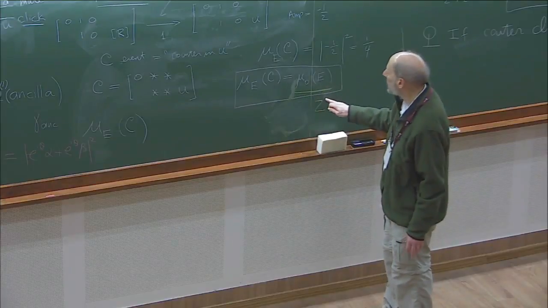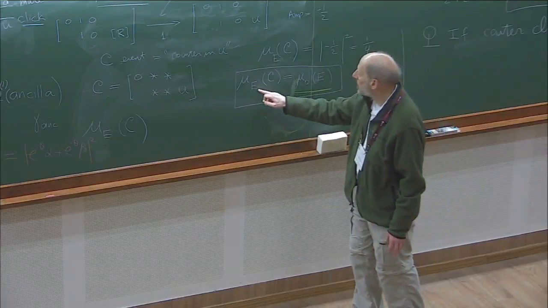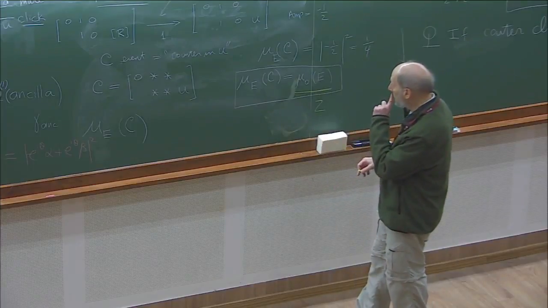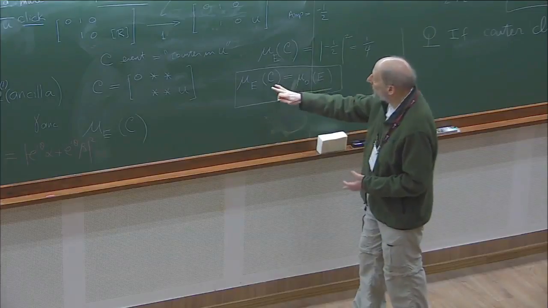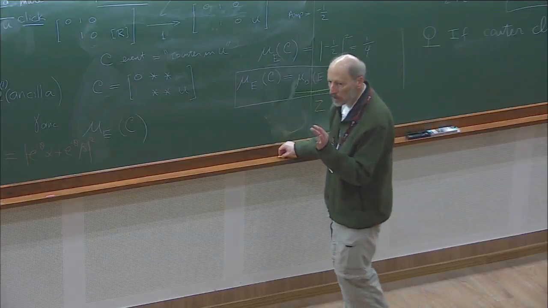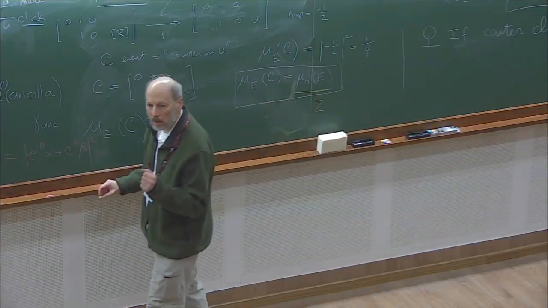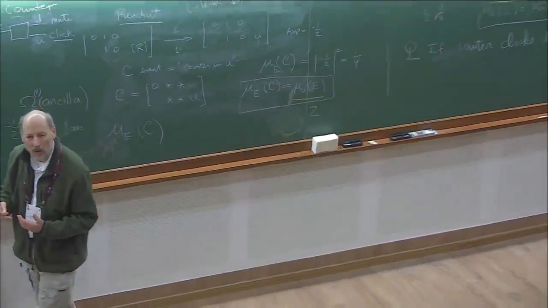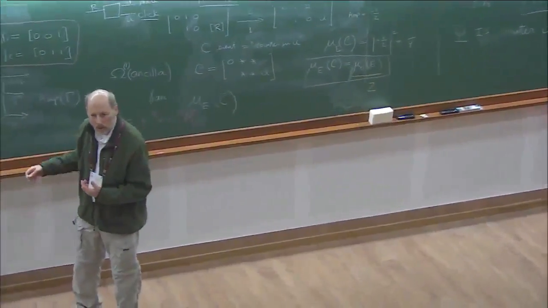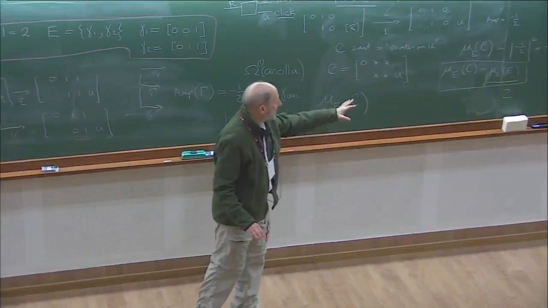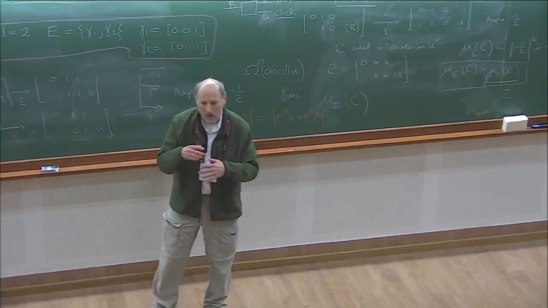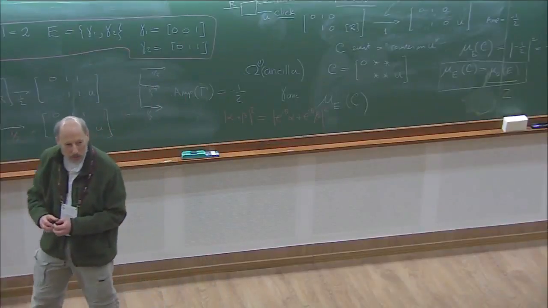Because of this factor of 2, the probability of the click is only half the measure you're looking for. So you've got a loss of statistics, and you need more repetitions to get a given precision. I hope I did it right, but the important point is that it makes you lose efficiency if you use this protocol.